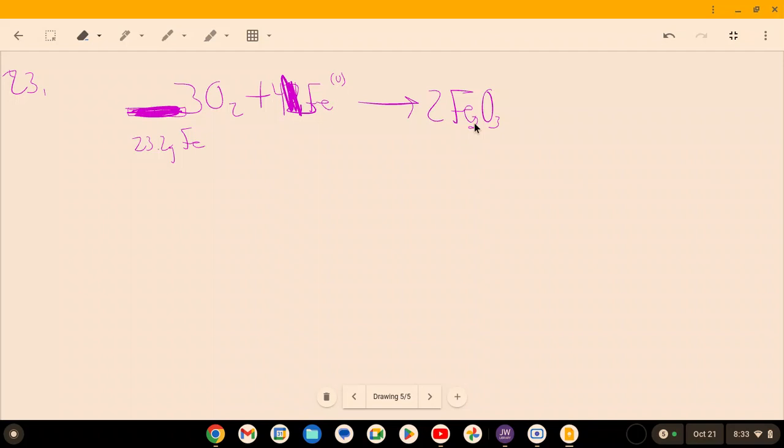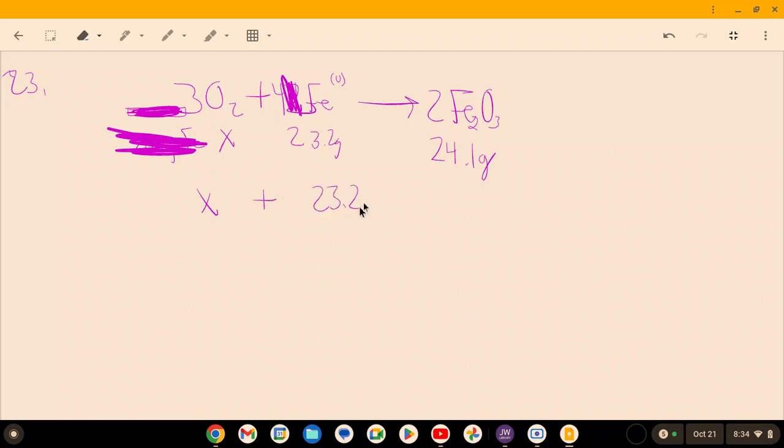And then part B, it increases to 24.1 grams. So, how much oxygen is added? Well, that's pretty straightforward. Conservation of mass, it's not going to come from anywhere else. So, that means, let's go ahead and get that out. 23.2 grams plus X. So X plus 23.2 grams equals 24.1 grams.